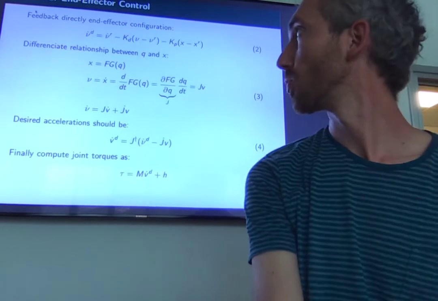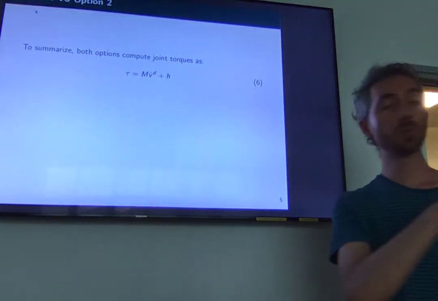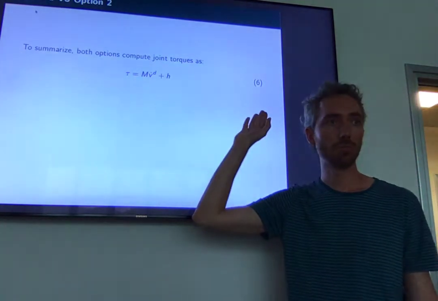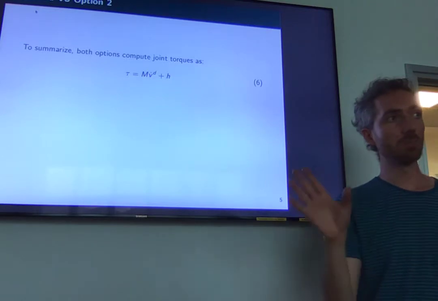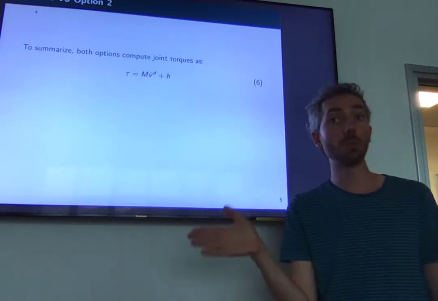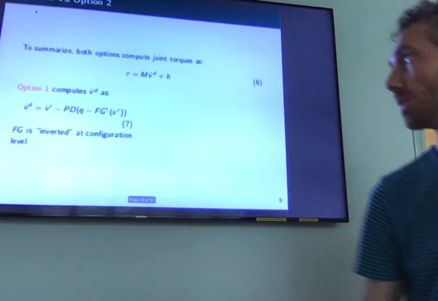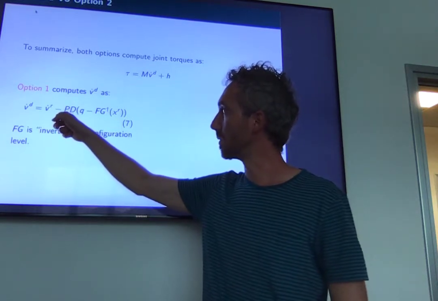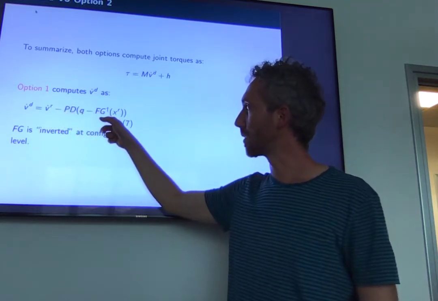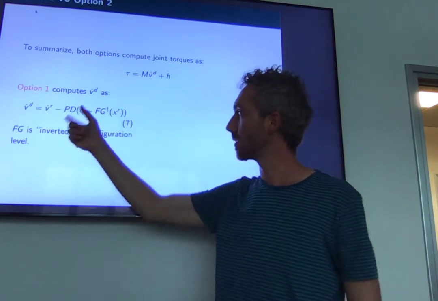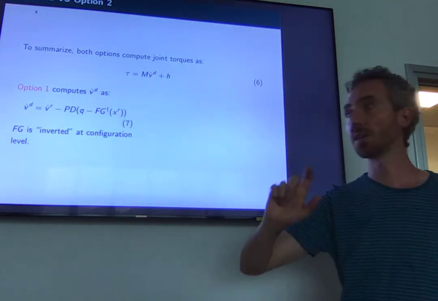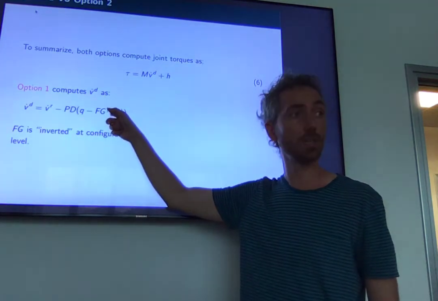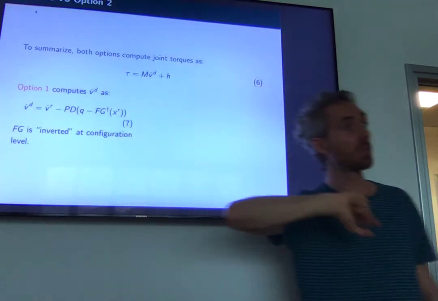To compare it with the previous approach, in both cases we are computing the joint torques using this expression, which is the inverse dynamics expression. So they are both inverse dynamics controllers. The difference is that with the first option, we were computing also the PD in joint space. So we were inverting the forward geometry function at configuration level, mapping the reference Cartesian trajectory into a reference joint trajectory.